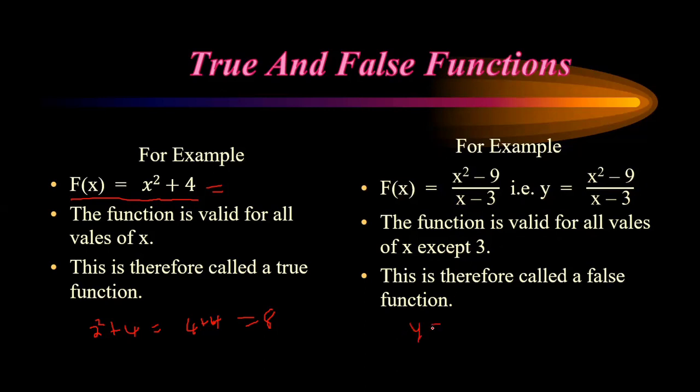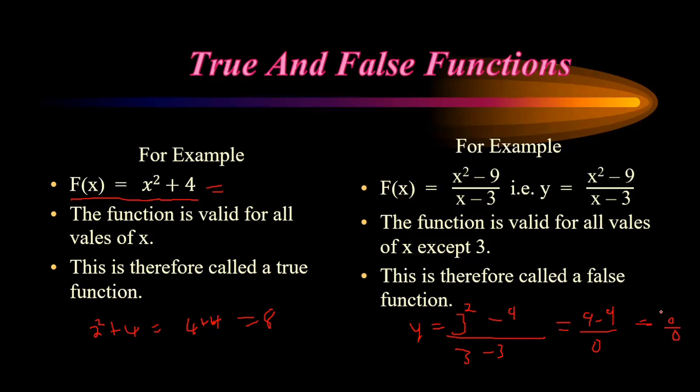If we say y equals, instead of x now we put 3, so we have (3 squared minus 9) over (3 minus 3). This will give us 3 squared is 9 minus 9, and 3 minus 3 is 0. So 9 minus 9 is what? Is 0. 3 minus 3 is 0. So 0 divided by 0. 0 divided by 0 is not giving us a value contained in the set of real numbers.